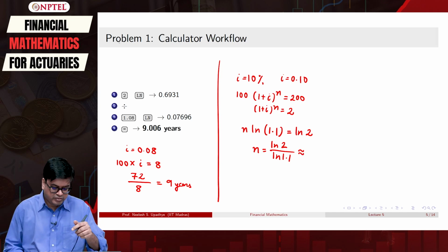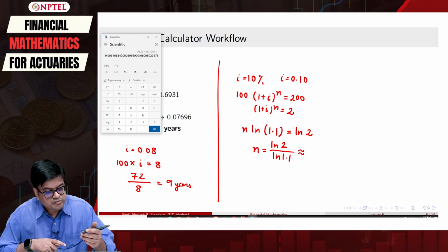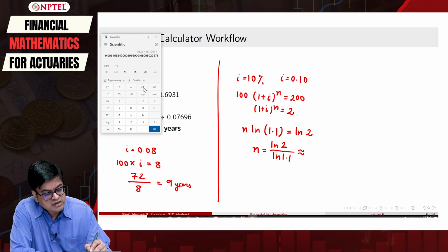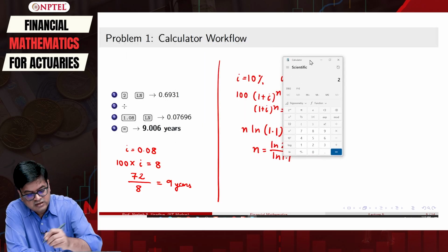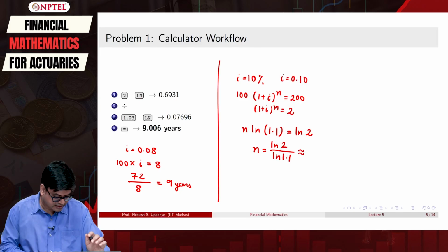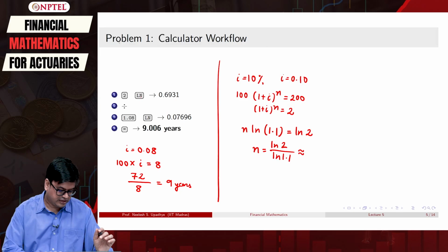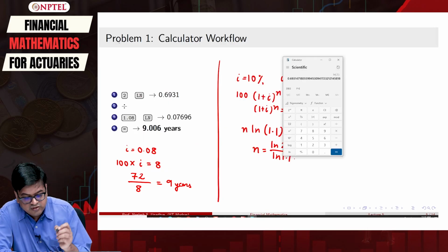So let's go back to our calculator. The process is essentially the same. I will demonstrate the process again. I will press 2, then I will press the ln sign, so I got ln of 2.